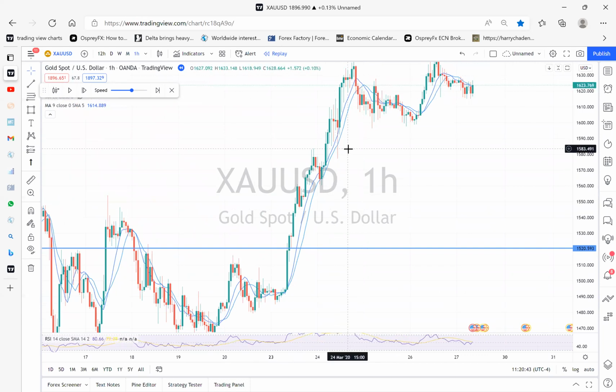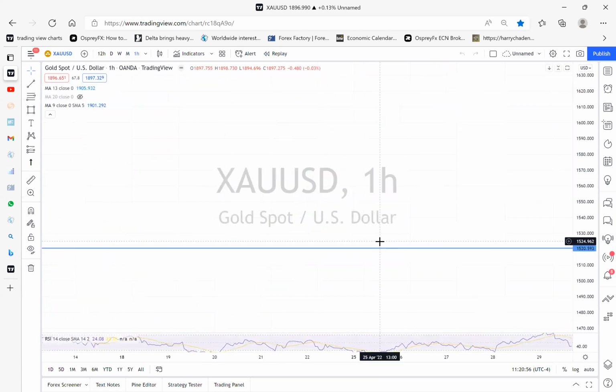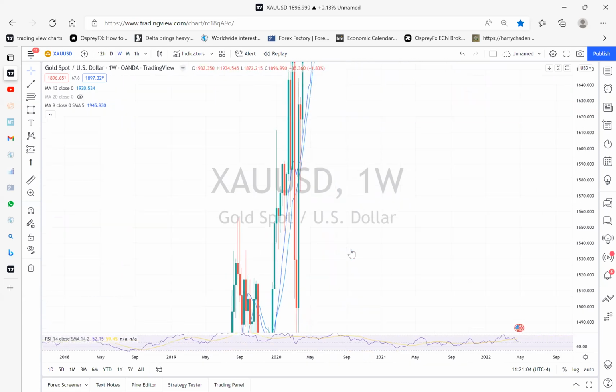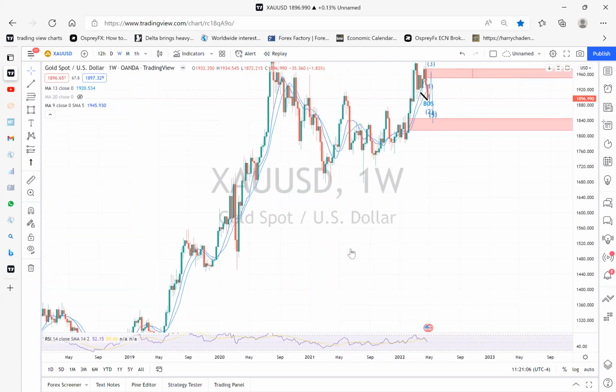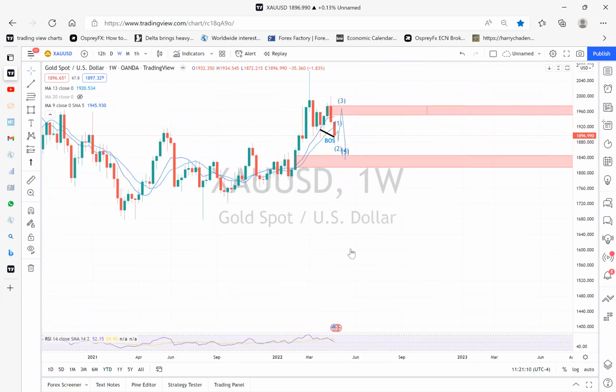So once you understand what you're looking at and what you're looking for, it adds to the confirmation of your trade idea, of your market analysis. So when things start playing out, you're not surprised and wondering what's going on.